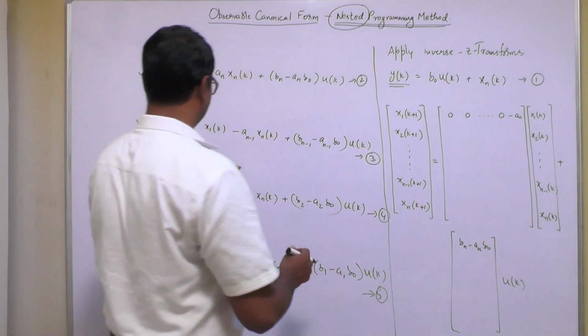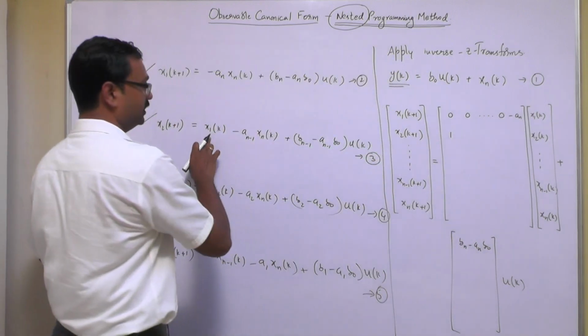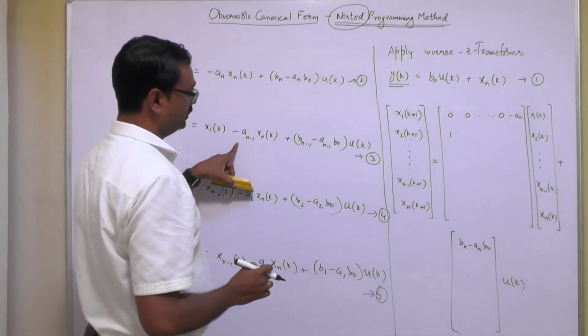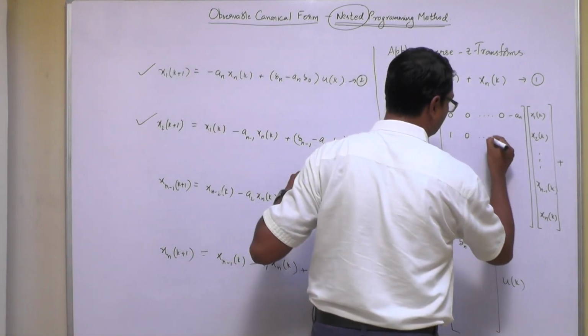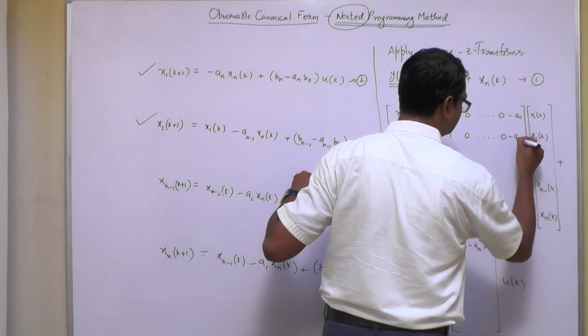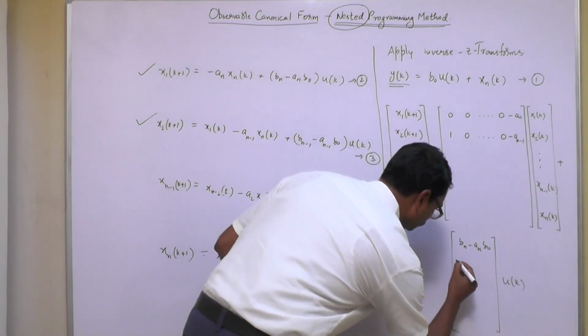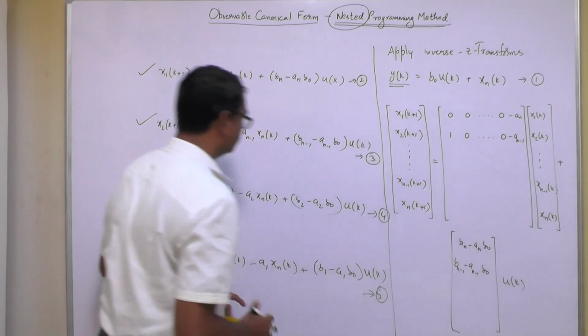Now x2k plus 1, it is 0, that is 1, 1 into x1k minus an minus 1 xnk. So 0, so on, 0 minus an minus 1 xnk plus bn minus 1 minus an minus 1 b naught uk.